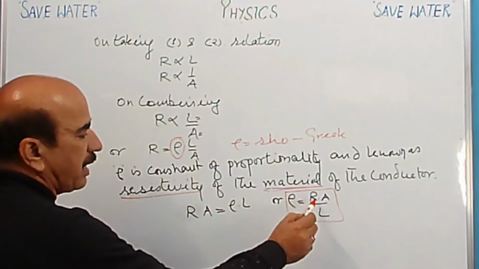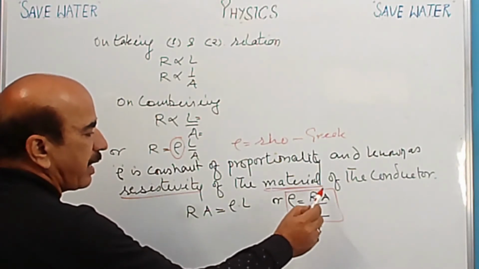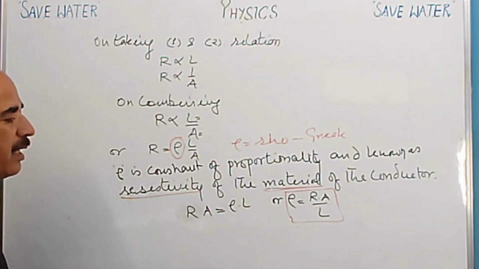Rho is the resistivity, R is the resistance of the conductor, A is the area of cross section, and L is the length of the conductor. Any problem?